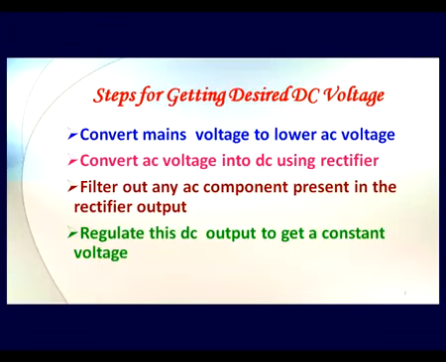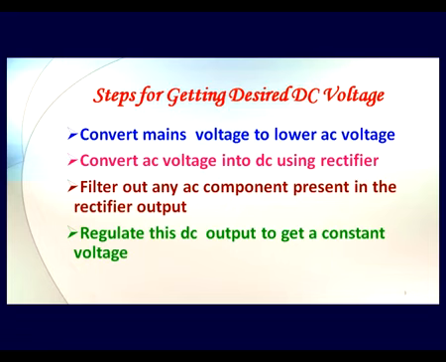If you look at any power supply module, it consists of the following steps. First, you have to convert the mains voltage into a lower voltage using a device called a transformer, a step down transformer if you want a lower voltage. Then you convert the AC voltage from the transformer output into DC using a circuit called a rectifier, and for that we can use diode circuits which can give us full wave or half wave rectification as the need may be.